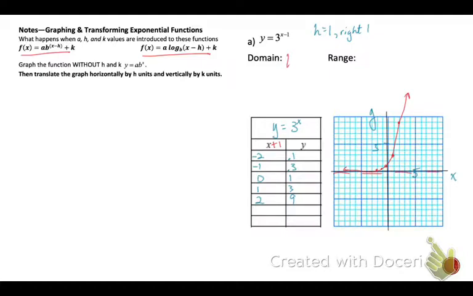All right, and it looks like I am going to back up here because it looks like I forgot to do that. So we'll have -1, 0, 1, 2, and 3.